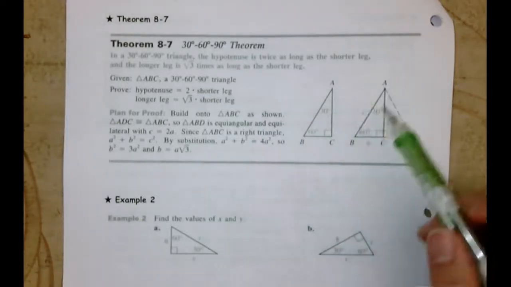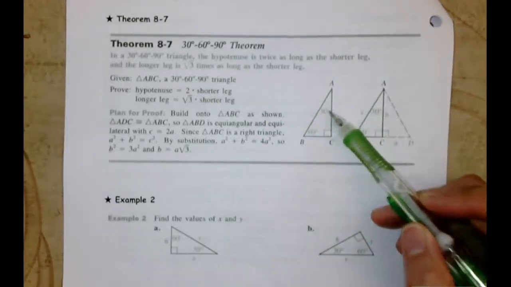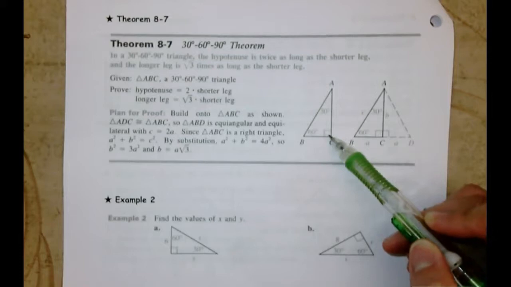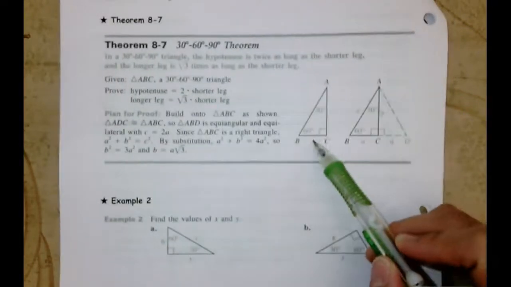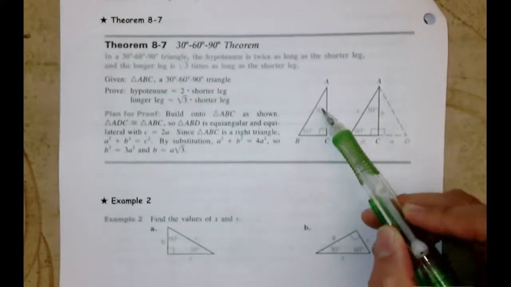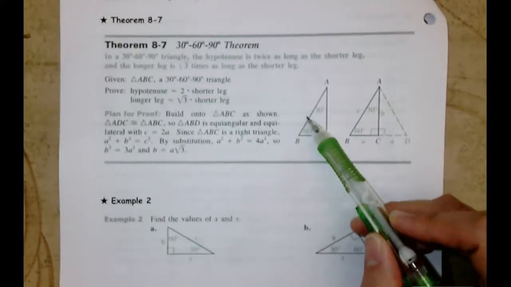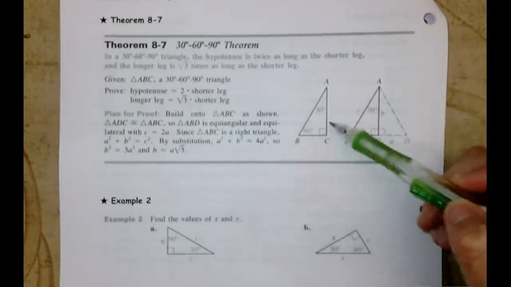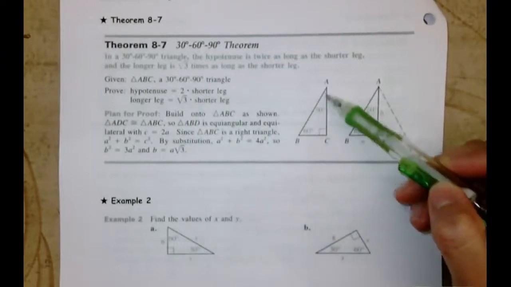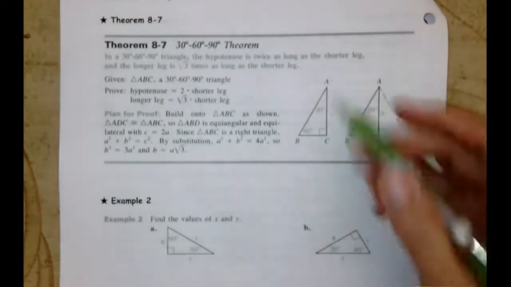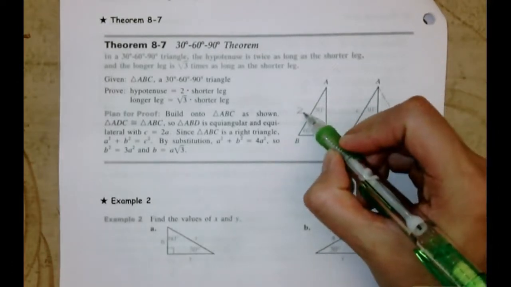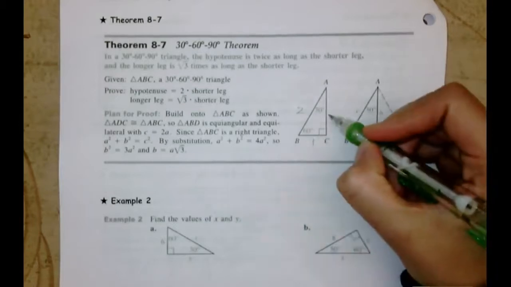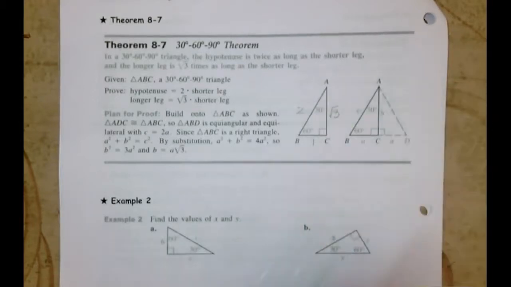Okay, so if this is a 30, 60, and 90 triangle, the length of the hypotenuse is 2 times the shorter leg. The shorter leg is across from the 30. 2 times the shorter leg, and root 3 times the shorter leg gives the longer leg. So the ratio of these lengths is 1 to 2 to root 3.